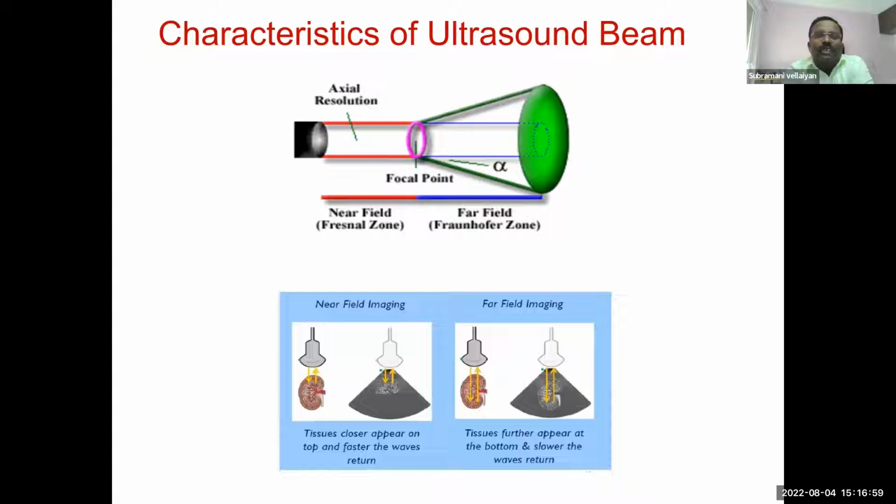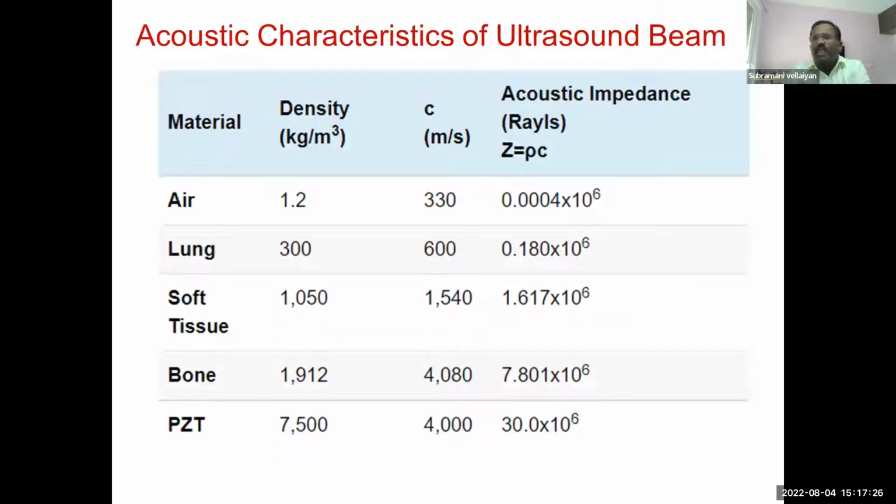The near field is responsible for axial resolution, and the far field is responsible for lateral resolution. In near field imaging, the return echo will be very fast, whereas in far field imaging, the return echo will be very slow. So this is a very brief account of the characteristics of the ultrasound beam.